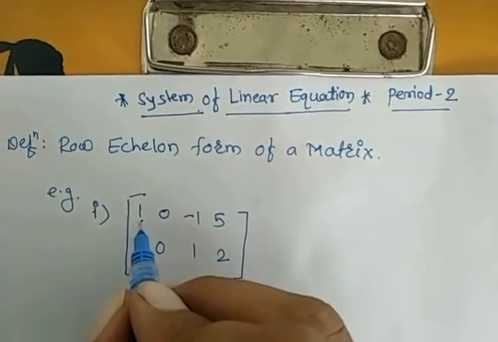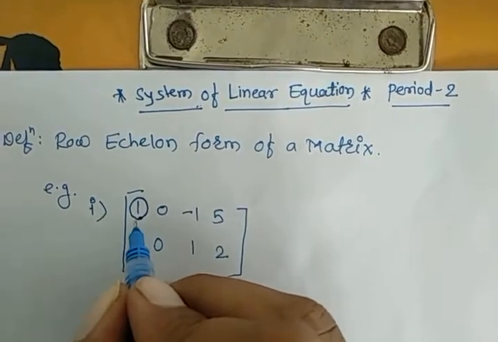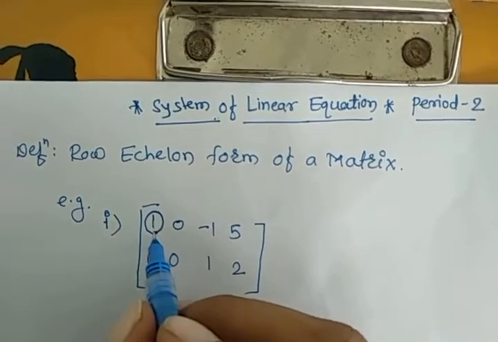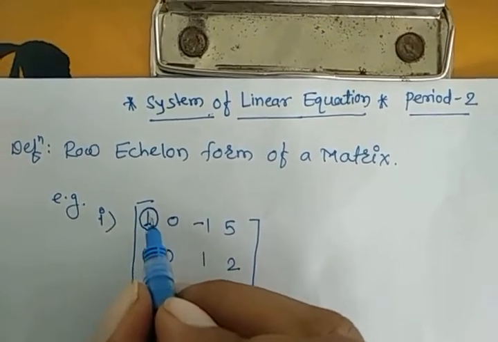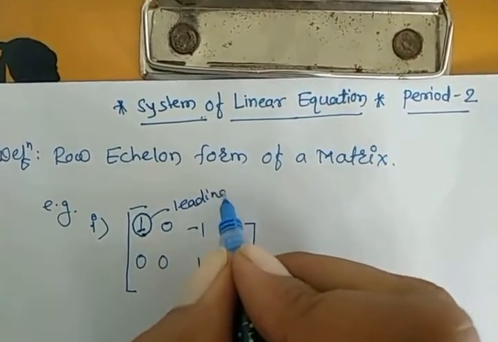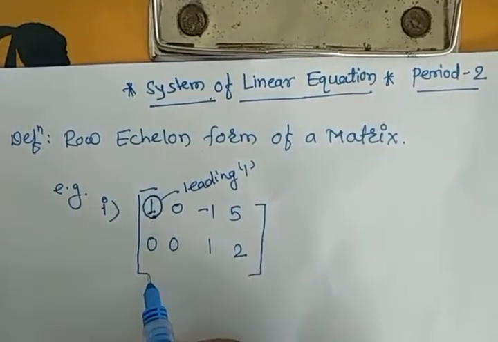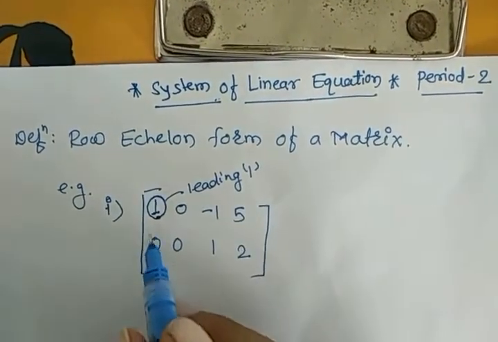That is, the entry at position A11 in row echelon form must always be 1. So here it is 1, which we call the leading 1. And all elements below the leading 1 should be 0.